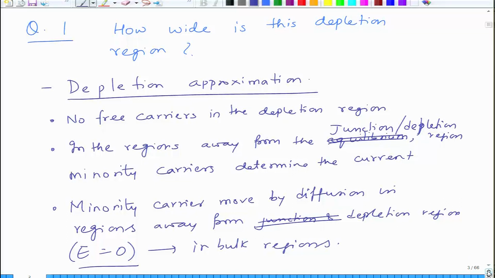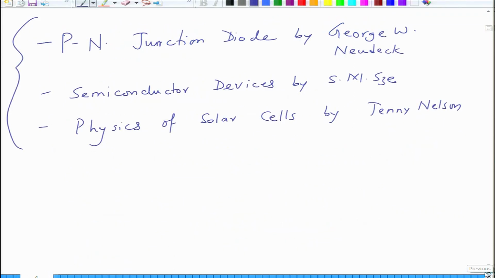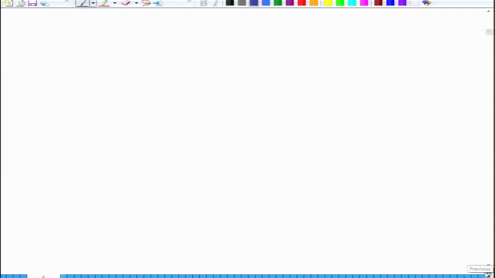Wherever you have flat energy bands, the electric field is equal to 0, because you take the derivative of potential, and since potential is related to energy, which is minus E by q, from that you determine zero electric field. So the next approximation is called the superposition approximation.